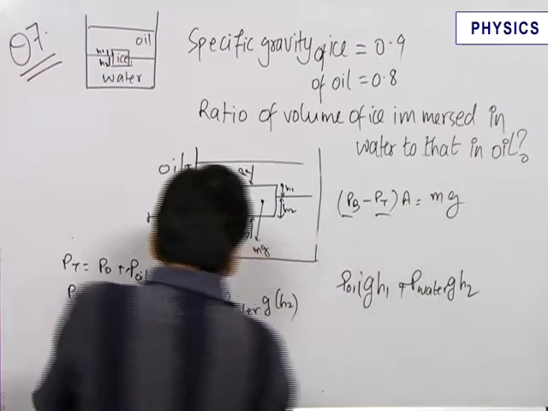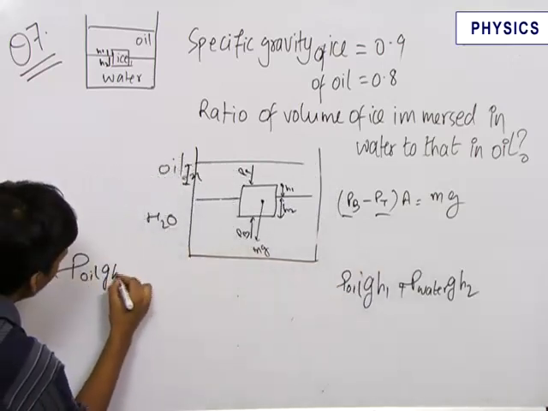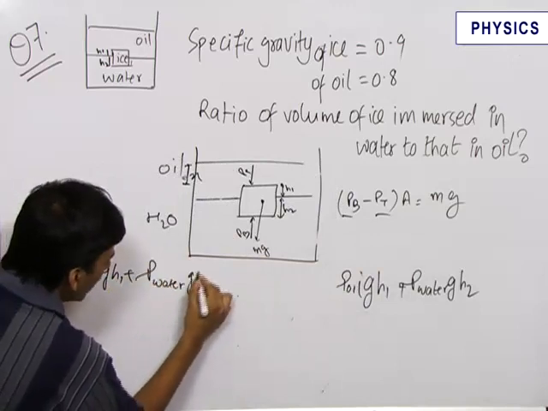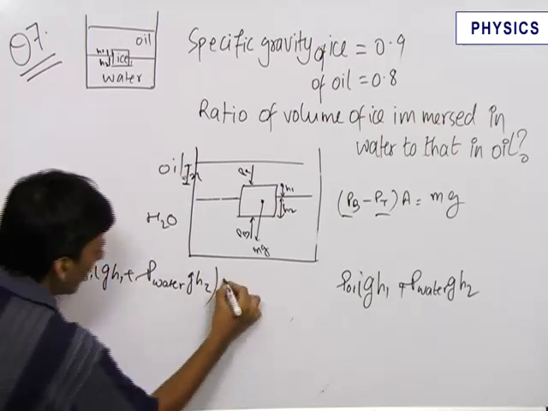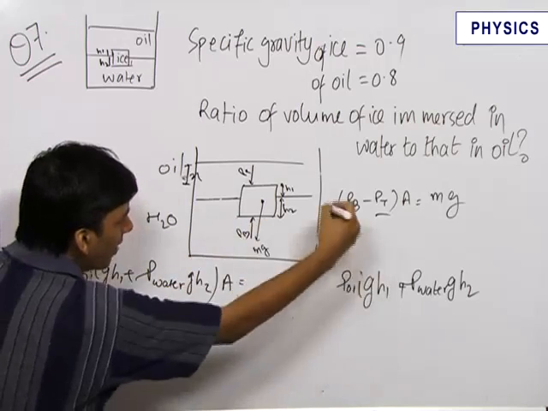Now (rho oil into g into h1 plus rho of water into g into h2) multiplied by the cross-sectional area A of this block is equal to m into g.